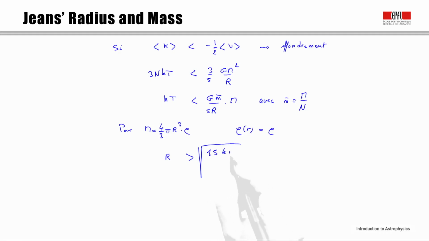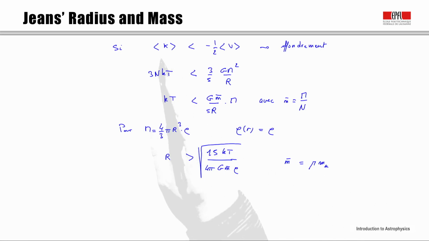R greater than square root of 15 kT divided by 4 pi G m-averaged rho. The mean mass can be expressed as a function of the mean molecular mass we previously talked about, times the atomic mass unit.